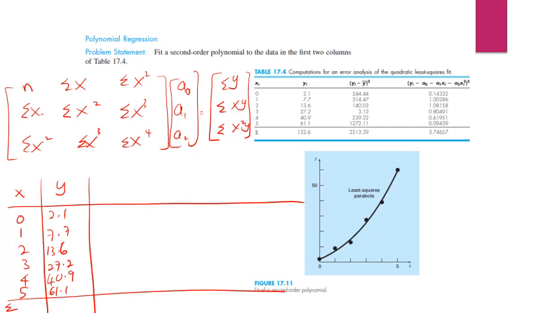So the summation of y, you get by totaling up all the values, and you will have 152.6.